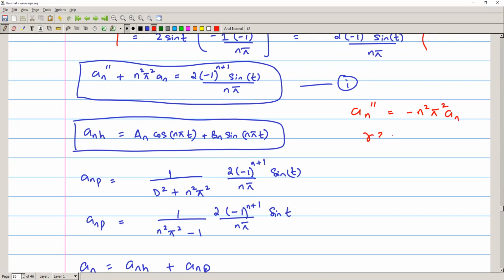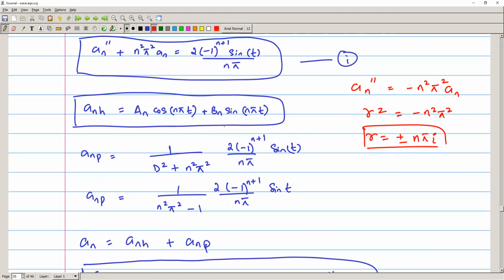From here, r squared equals negative n squared pi squared, which means r equals plus or minus n pi i. So we have complex roots, and therefore the solution will be in terms of sine and cosine.